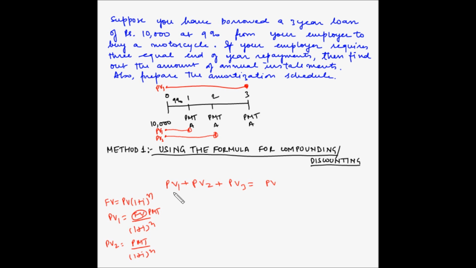So this becomes PMT divided by 1 plus 0.09 to the power 1 plus PMT divided by 1 plus 0.09 square plus PMT divided by 1 plus 0.09 cube is equal to PV, which is 10,000.